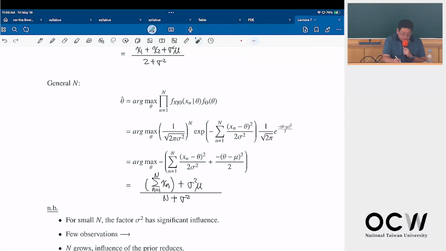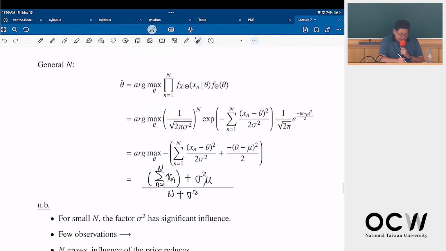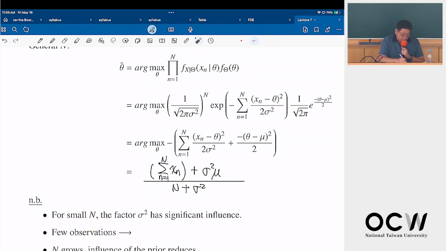You can see that if my realization is small, then the variance takes the lead. So the factor sigma square has significant influence.